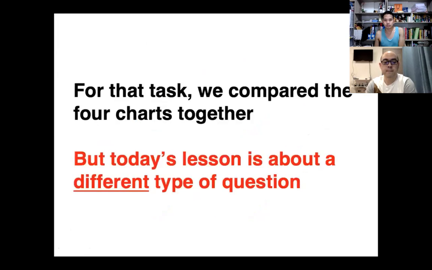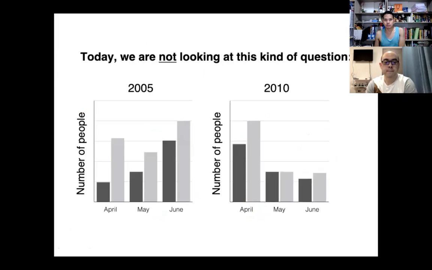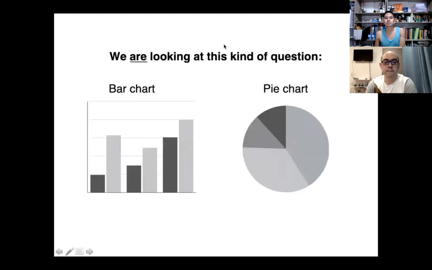But today's lesson is about different types of questions. We are not looking at this type. It's too easy for you. We are looking at different charts, pie charts and bar charts all together, or you will have a map and bar chart.